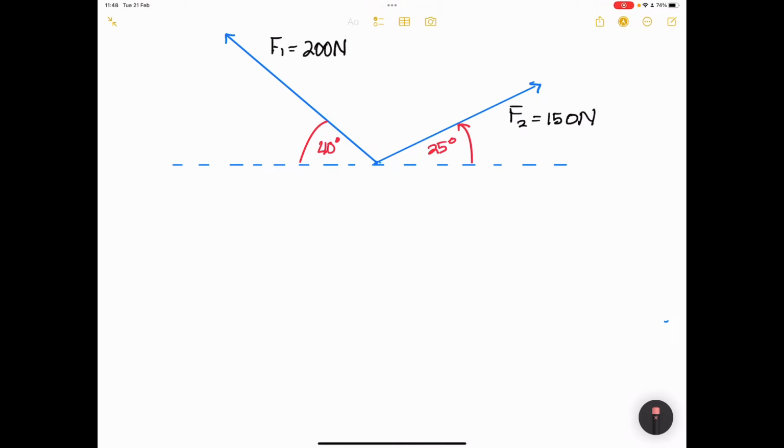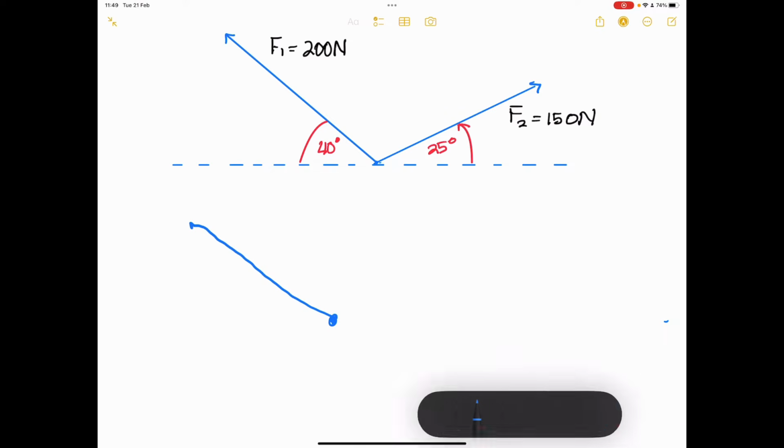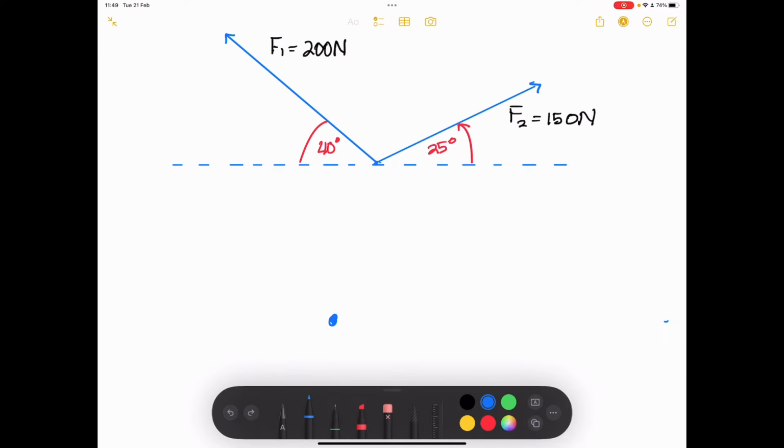I'm going to start with force F1, which is a force in that direction. It's got 200 newtons.